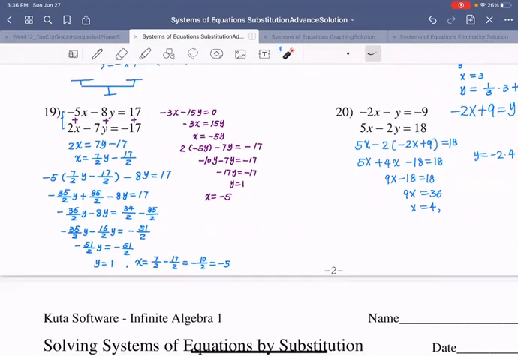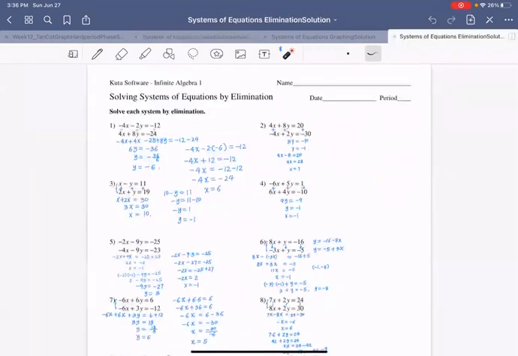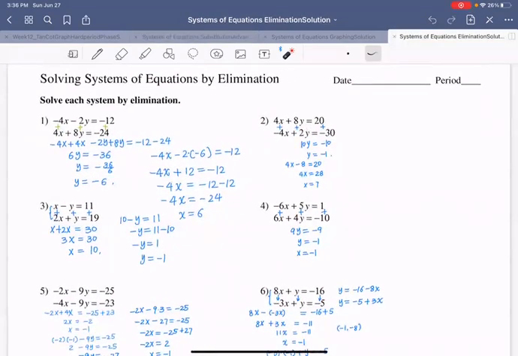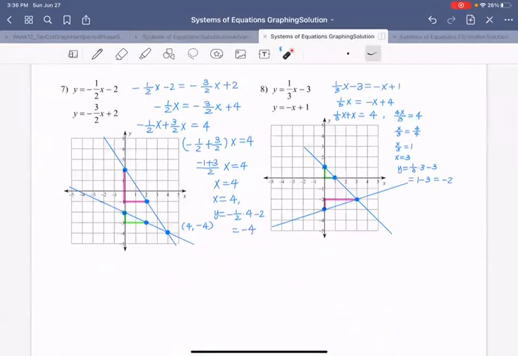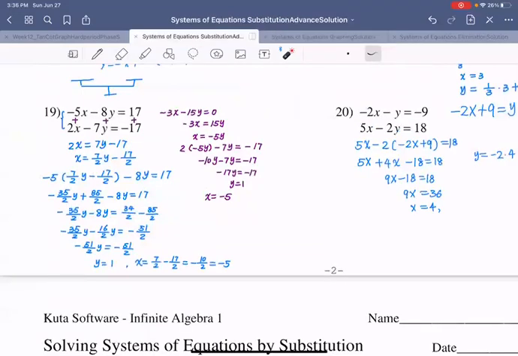All right. Now we are going to move to the elimination method. Graphing is very straightforward as long as you find your y-intercept and the rise over the run for each of the two lines. Your crossing point will be your solution. Easy.